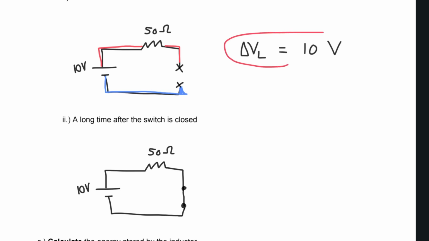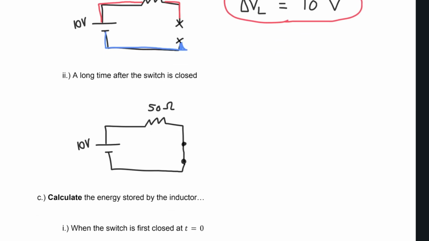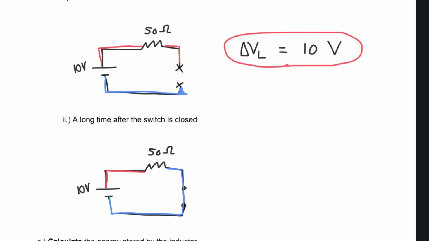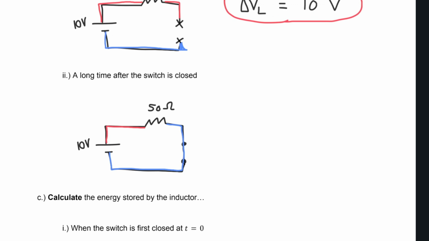And then similarly, at the long time case, we do have current. And more importantly, we don't have any sort of changing current. So what that's going to do is mean that the inductor will not have any potential difference across it. So notice that there is no color change across my inductor in the second case, but there is in the first.